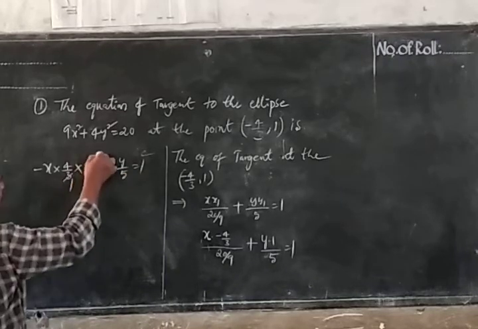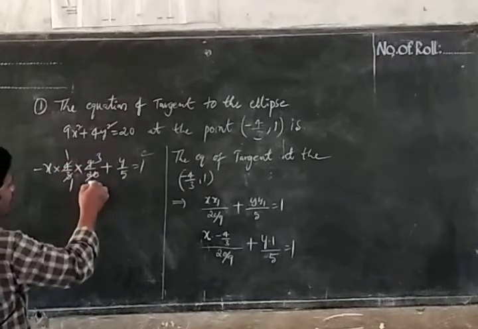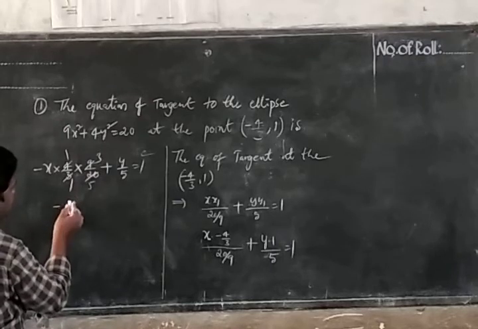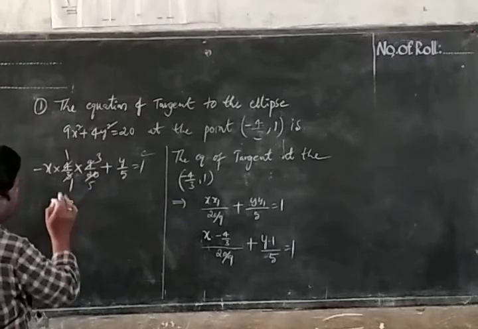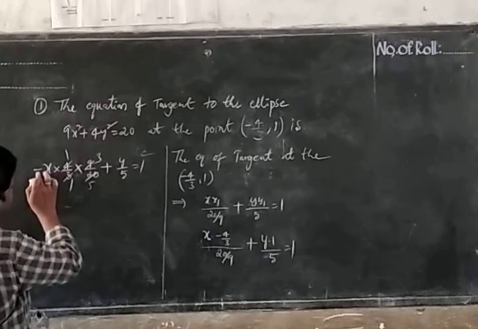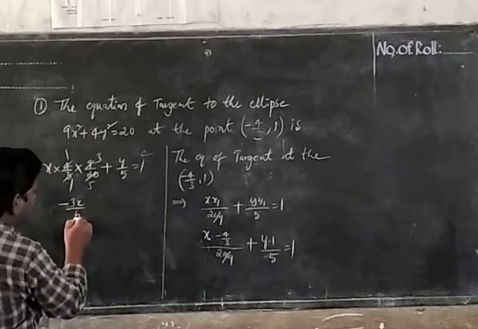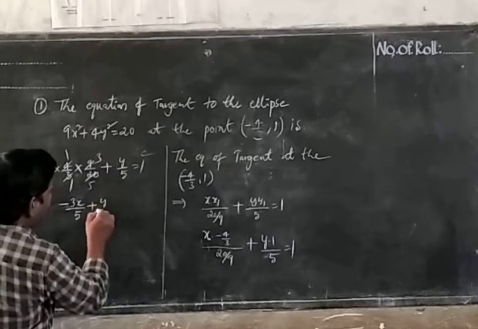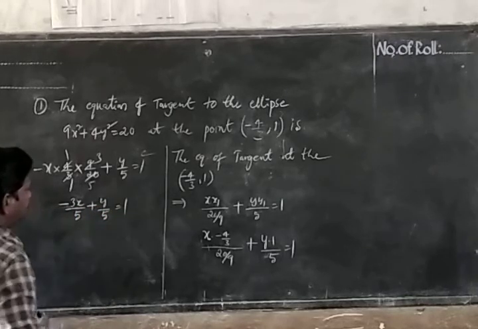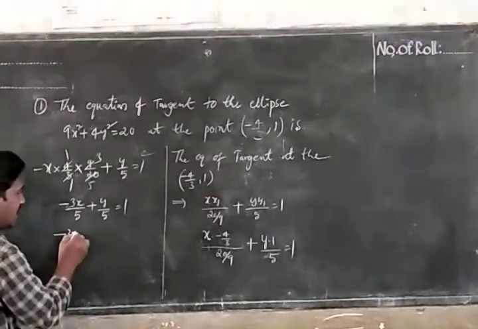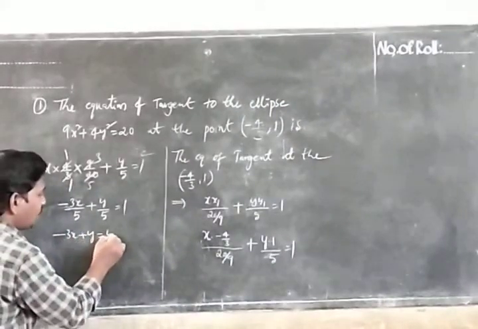Simplifying, we get minus 3x by 5 plus y by 5 equal to 1. Now minus 3x plus y equal to 5.